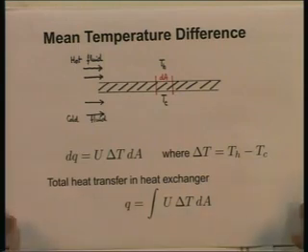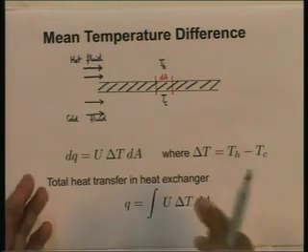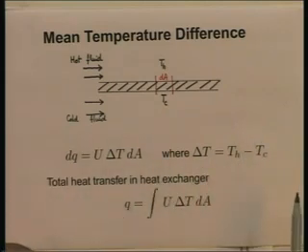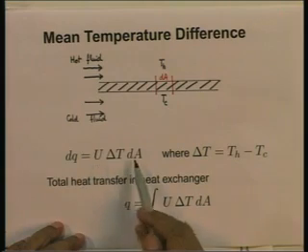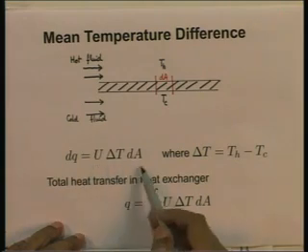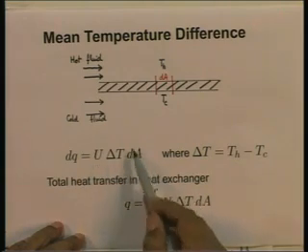This is our expression for the heat transfer rate. And if I ask you what is the total heat transfer rate across this heat exchanger, you will say, well, all I need to do is to integrate this expression over the whole area A of the heat transfer surface.